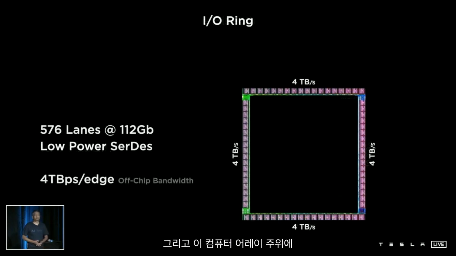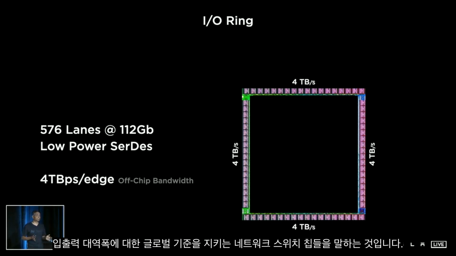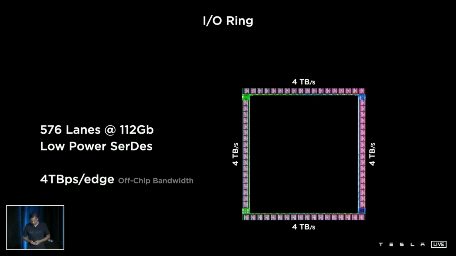And around this compute array, we surrounded it with high-speed, low-power SerDeses, 576 of them, to enable us to have extreme I/O bandwidth coming out of this chip. Just to give you a comparison point, this is more than 2 times the bandwidth coming out of the state-of-the-art networking switch chips which are out there today. And network switch chips are supposed to be the gold standards for I/O bandwidth.